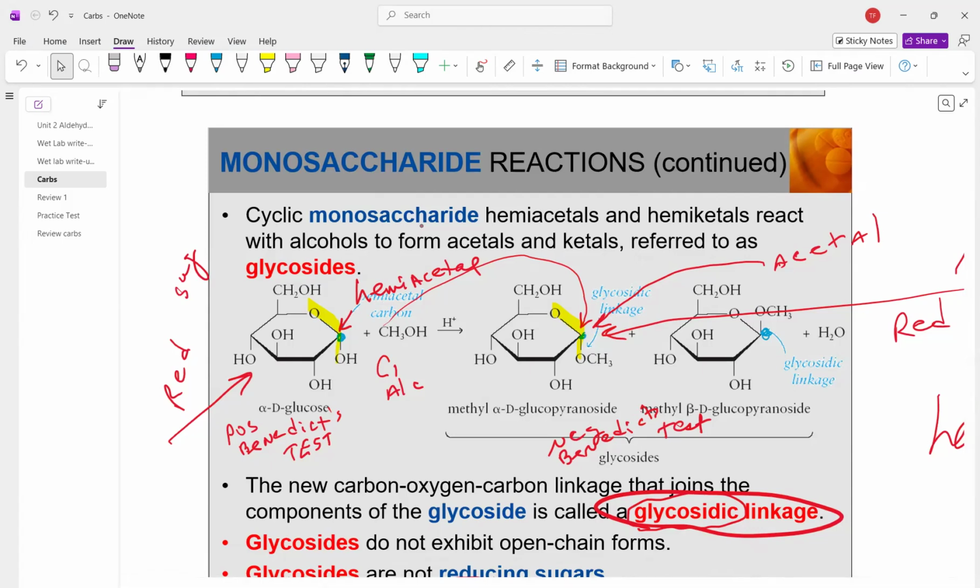Okay, so you can take any alcohol with a hemiacetal and it'll form a full-blown acetal. So with this reaction here, we have glucose, alpha glucose, because the OH is going down, anomeric carbon and carbon number 1.